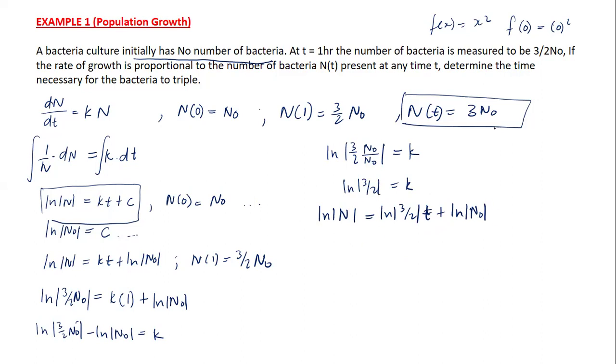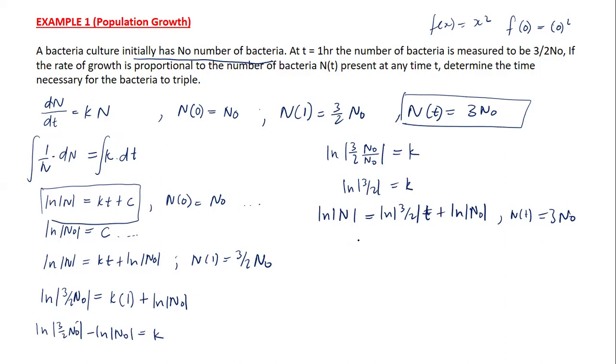Now we use the particular solution to solve for our question. They wanted us to determine the time at which n at t is equal to 3n. So we needed to determine time at this point, right? So n at t in this case is 3n, right? We have 3n over there.